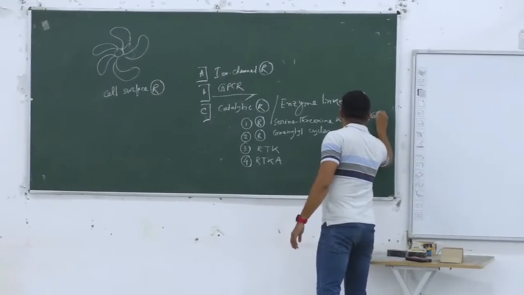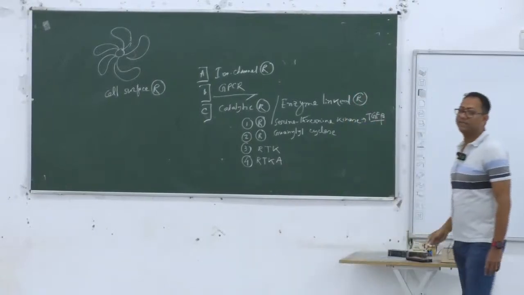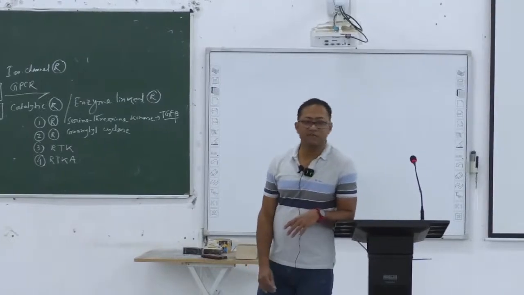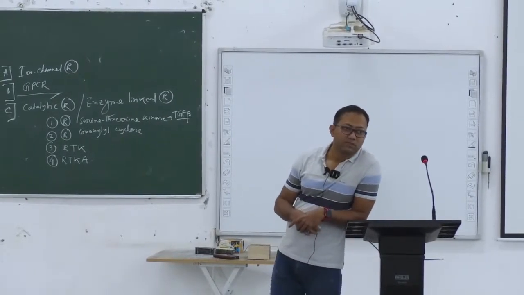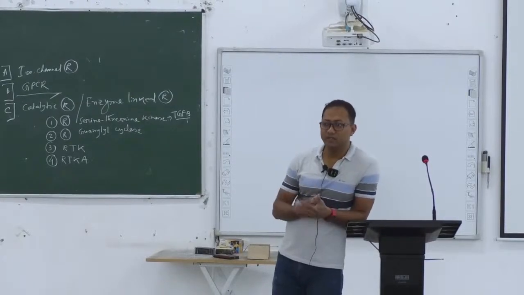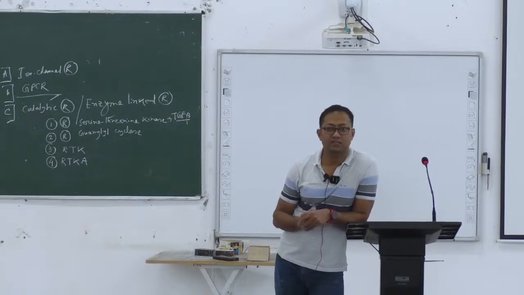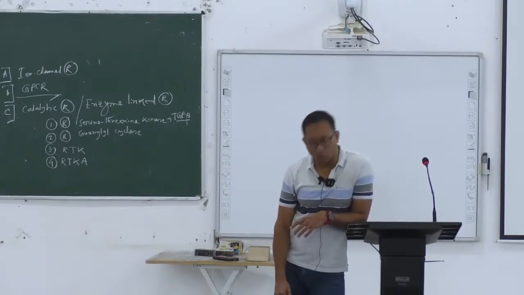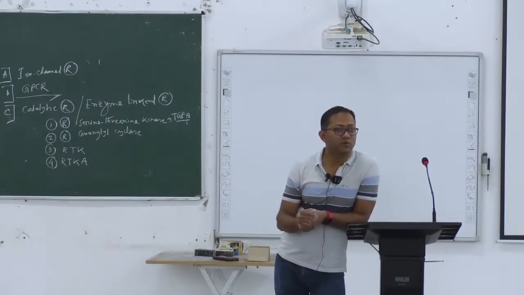TGF superfamily. Under it, we have many hormones. Have you heard the name of AMH? Anti-Mullerian hormone. We'll study in reproductive system. Anti-Mullerian hormone is responsible for Mullerian dysgenesis, right? Do you know what is the derivative of Mullerian duct and Wolffian duct?